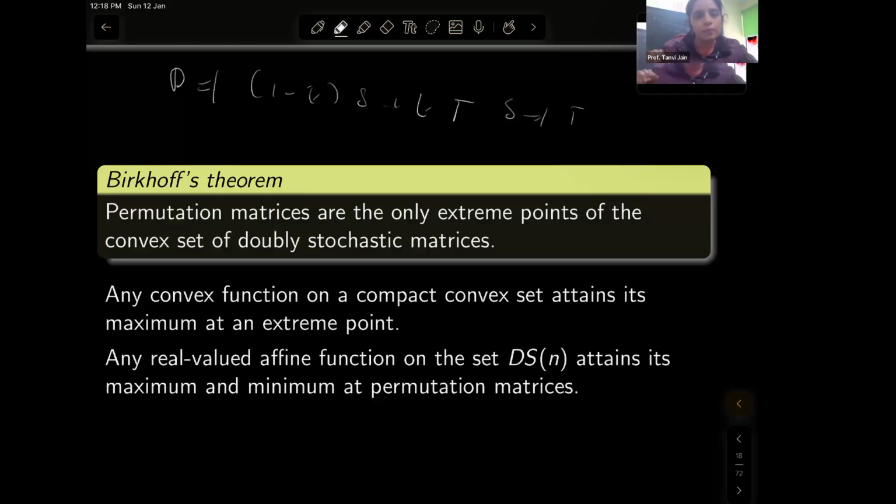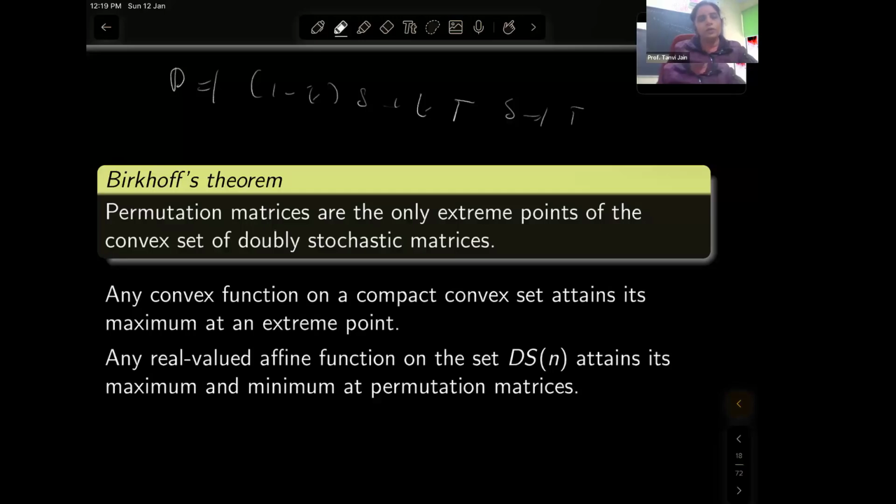That is a very beautiful and important result. Identifying the extreme points of a compact convex set is not always that simple. It is a fundamental result. So every doubly stochastic matrix can be written as a convex combination of permutation matrices.